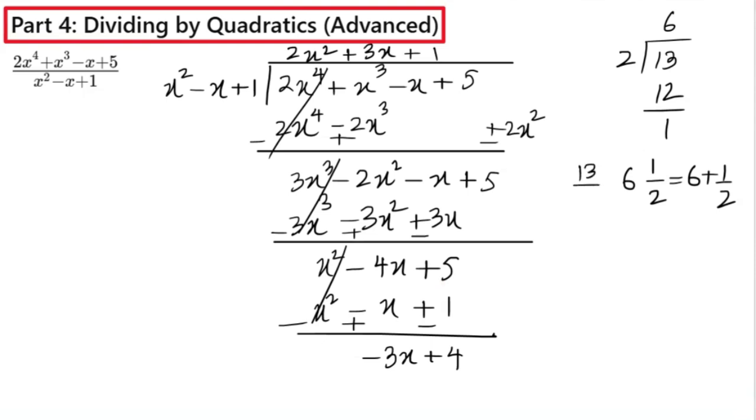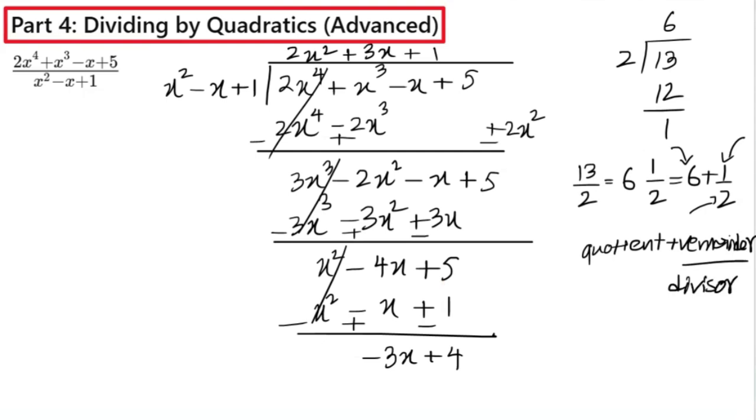Any improper division can be written as quotient plus remainder over divisor. So what's that? Quotient plus remainder over divisor, right?